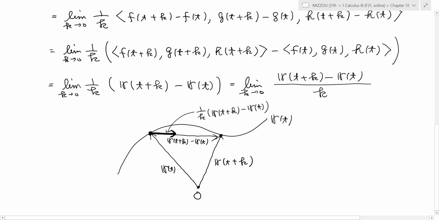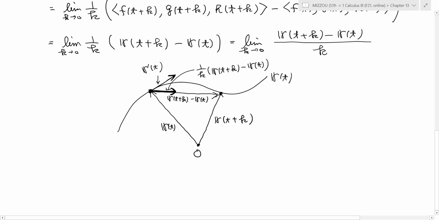That means you make k smaller and smaller, so you let this point get closer and closer to this point. Then this line gets closer and closer to the tangent vector. And that's what the derivative is. That's why the derivative is a tangent vector.